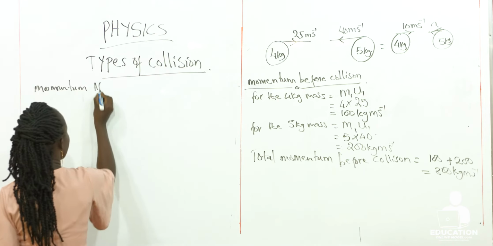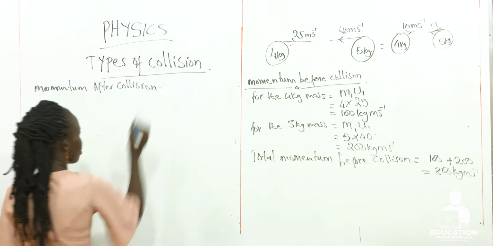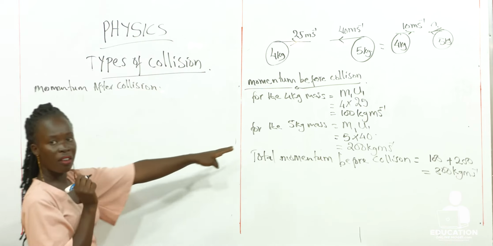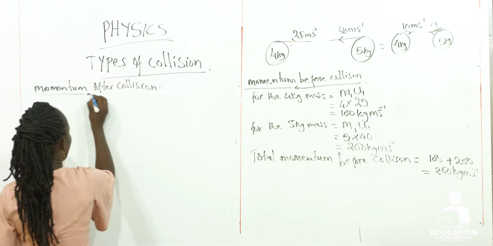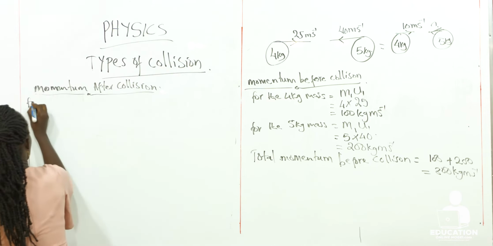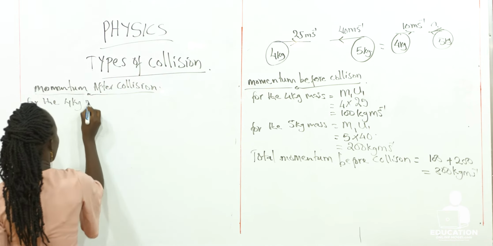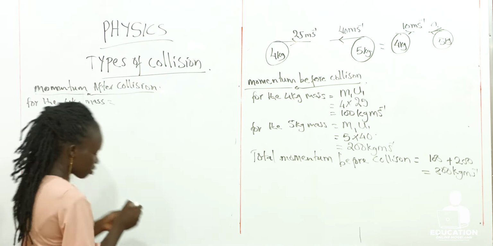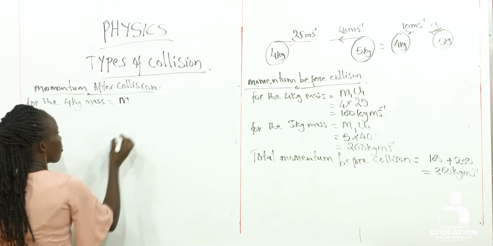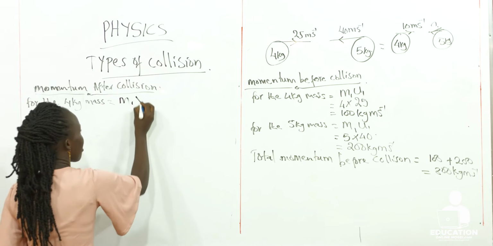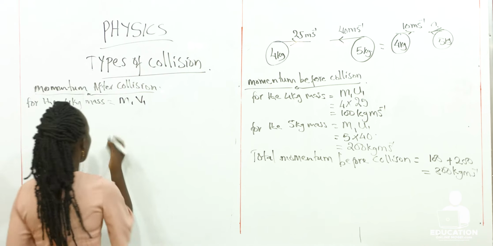Momentum after collision. We shall have the momentum of the first body. Let's take the 4 kilogram mass. We shall have, for the 4 kilogram mass, our mass m times v, the final velocity it was moving with after crashing.